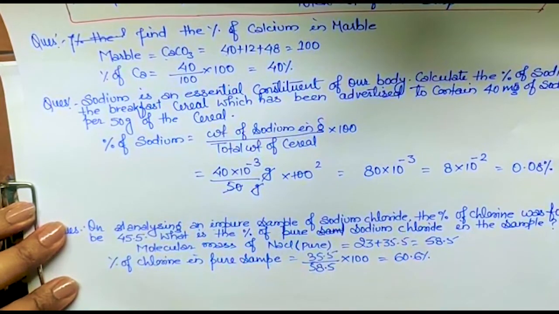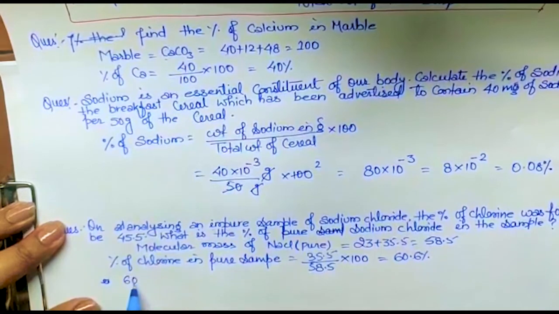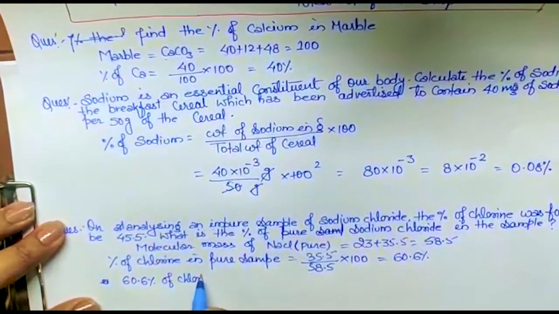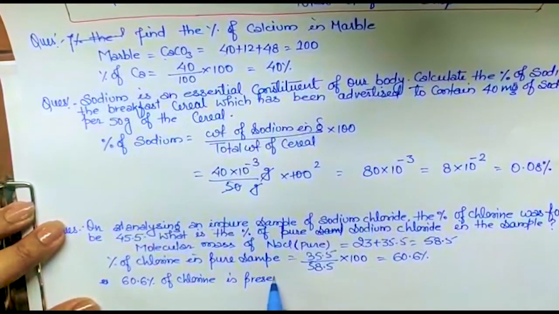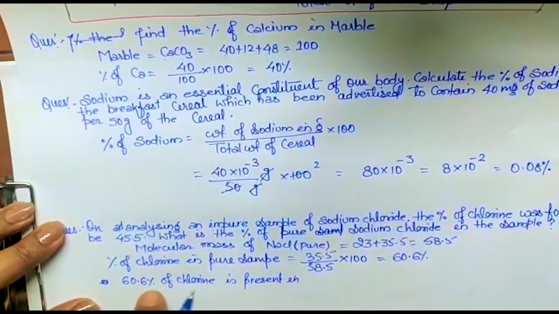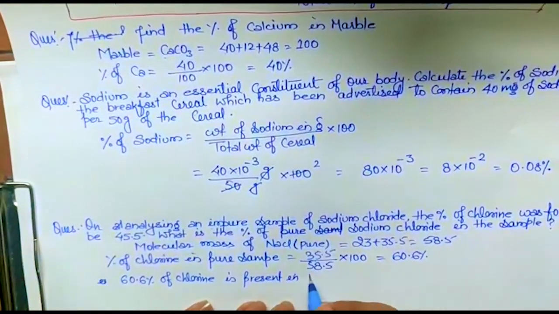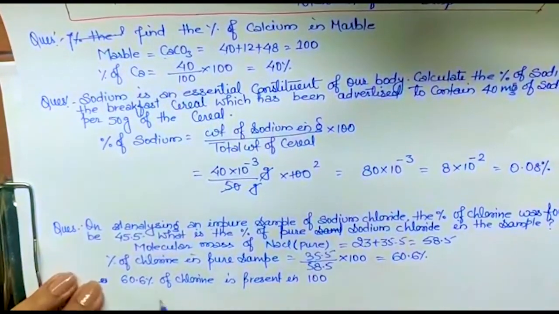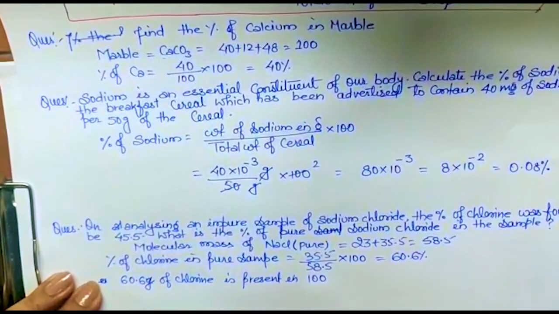So we can write it this way: 60.6% of chlorine is present in 100. Since I am taking percentage, can we write in gram? Yes.